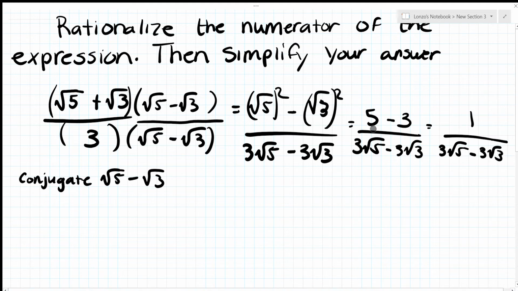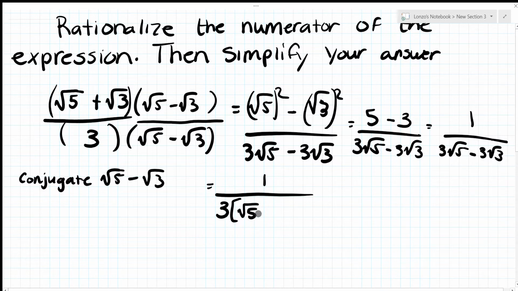Hold on. Before we go any further, let's look at the denominator. We can't combine them, but we can actually take something out. We can take out a 3. So let me rewrite it. It's going to be 1 over, we're going to factor out that 3. I'm going to use brackets this time because it means everything.